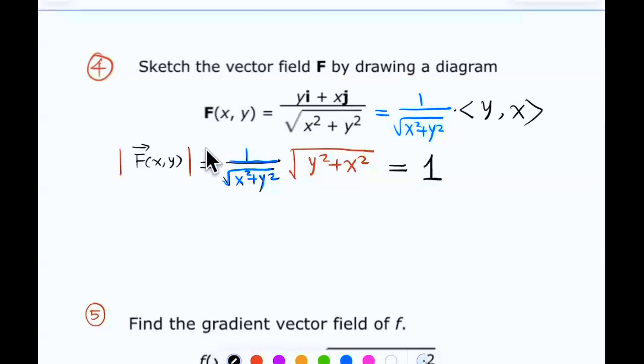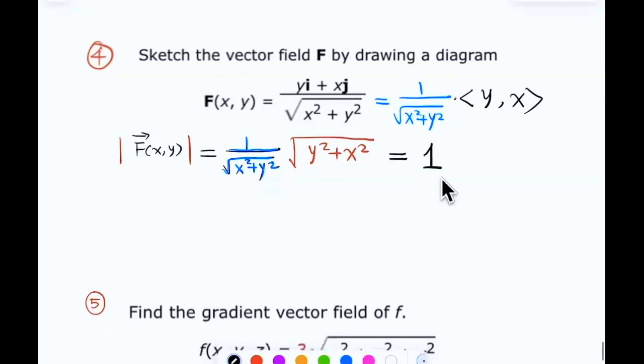Which means that for each vector, it doesn't matter which point you are at, the magnitude is always 1. So when I draw this on R2, it's always 1.